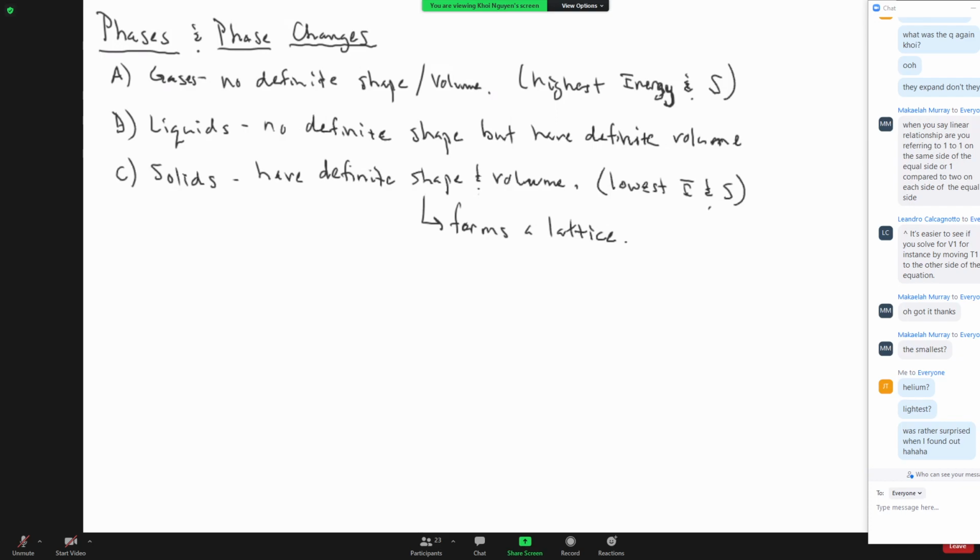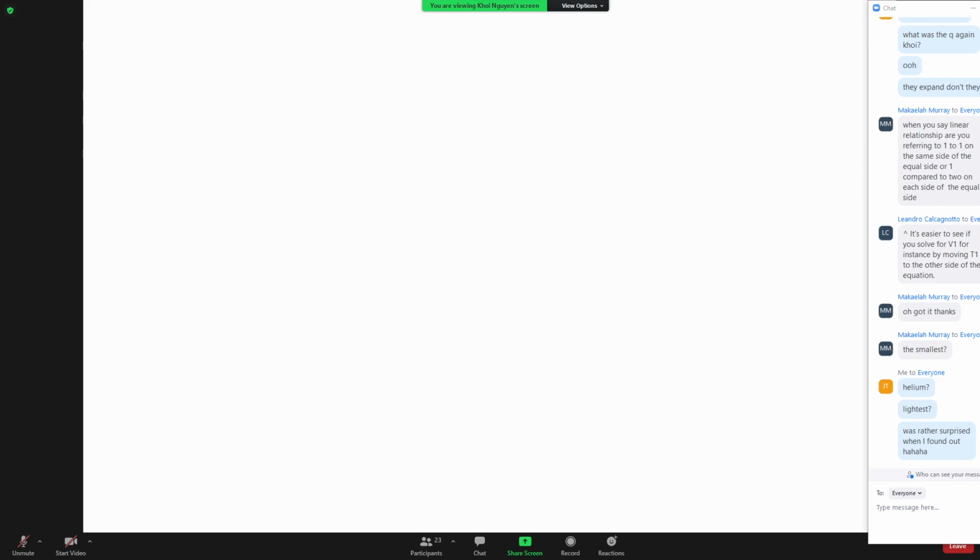So the next diagram I like the most: we have the gas phase, we have solids, and then we have liquid. So many things are happening here.